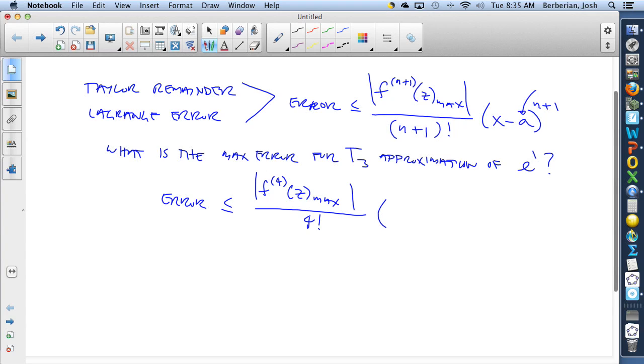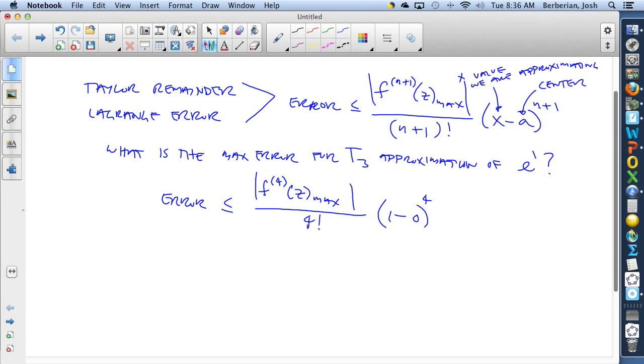Well, a is my center. And x is the value we are approximating. I should say the x value we are approximating. So in this case it's 1. So I'm going to write 1 minus 0 raised to the 4th.